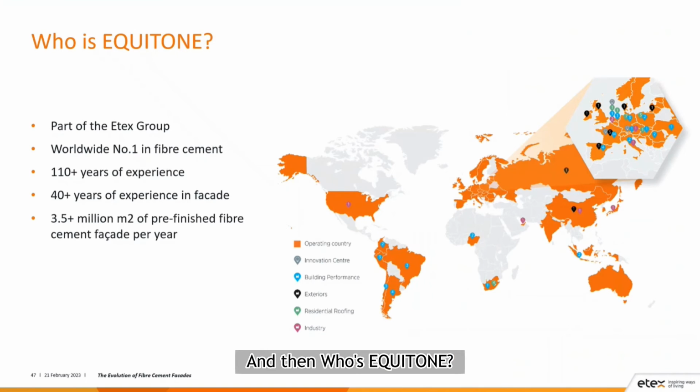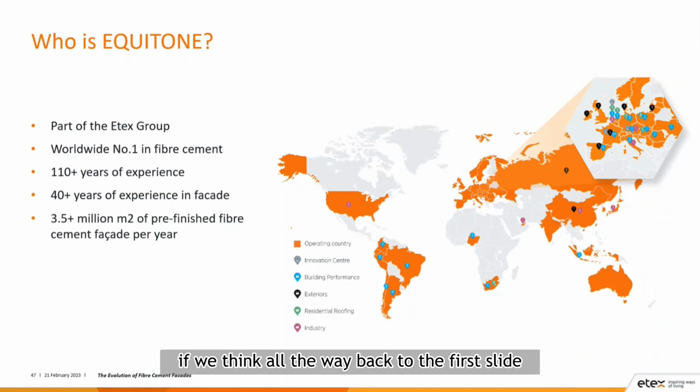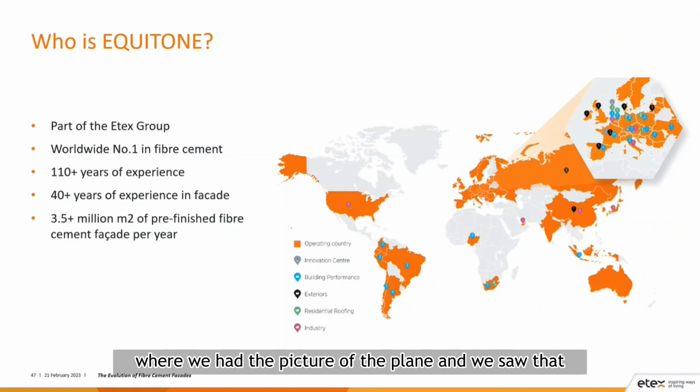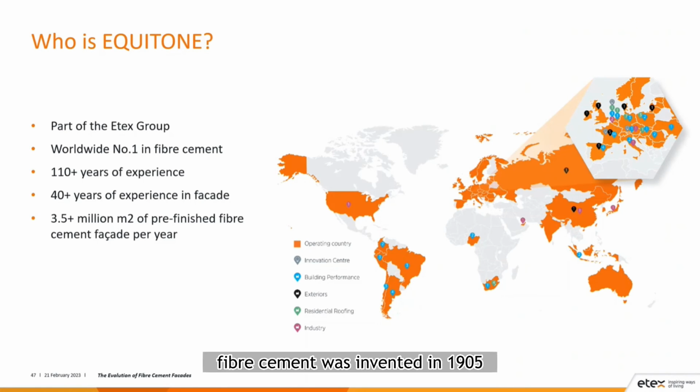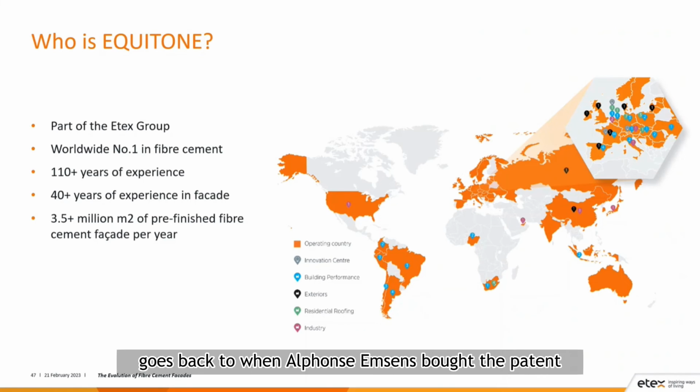Now, who's EQUITONE? EQUITONE's part of the ETEX group. If we think all the way back to the first slide where we had the picture of the plane, we saw that in 1903, fibre cement was invented, and 1905 goes back to when Alphonse Empsons bought the patent and when the ETEX group essentially started.